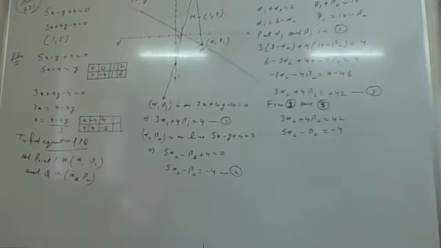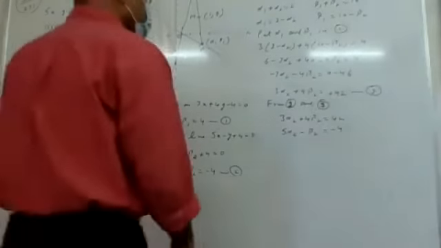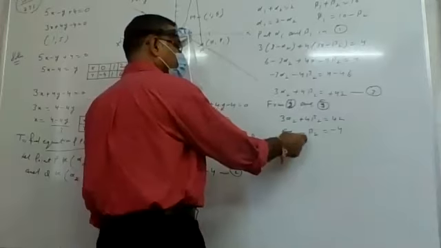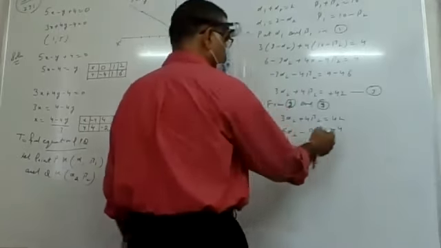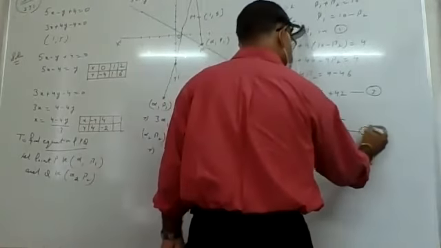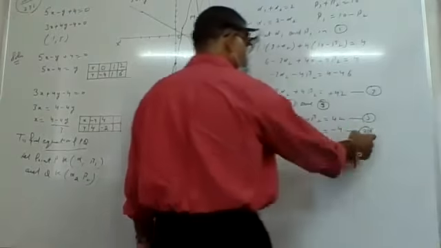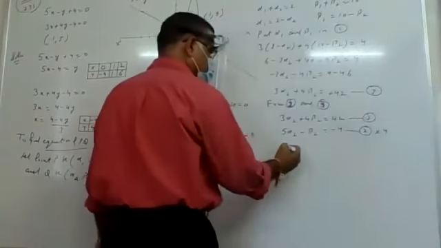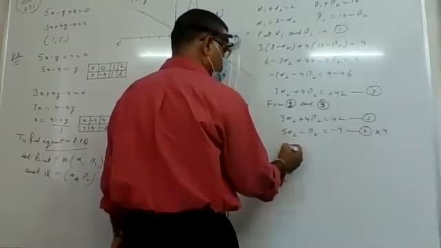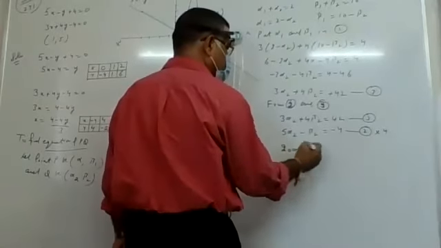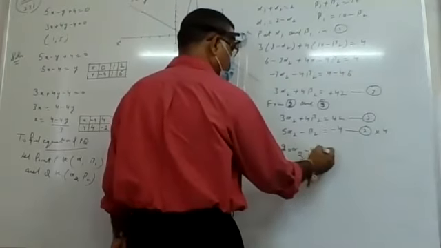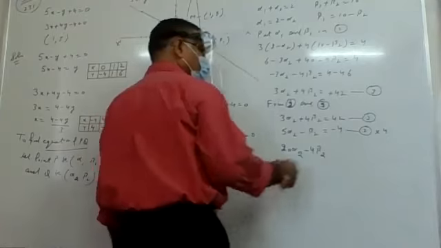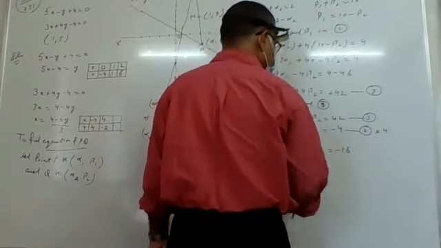You can multiply equation 2 by 4 to get the value of beta 2. Because this is my number 2 and this is my number 3, multiply this by 4. So this is 20 alpha 2 minus 4 beta 2 is equal to minus 16.